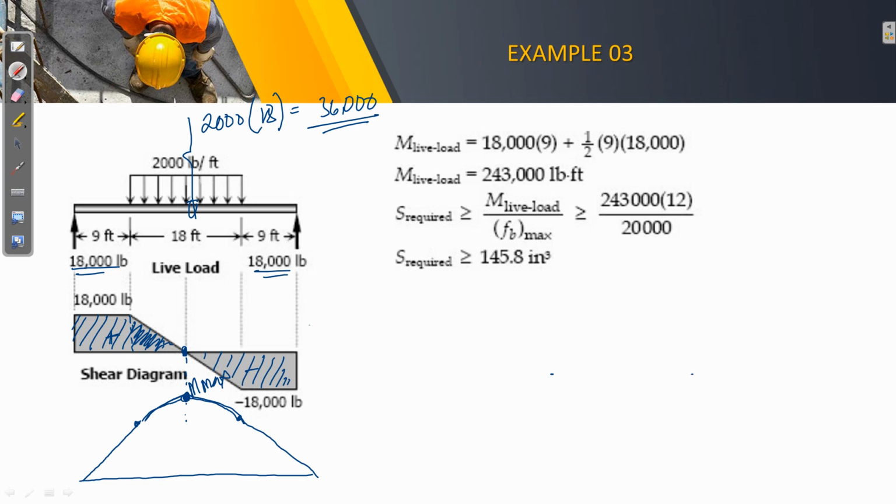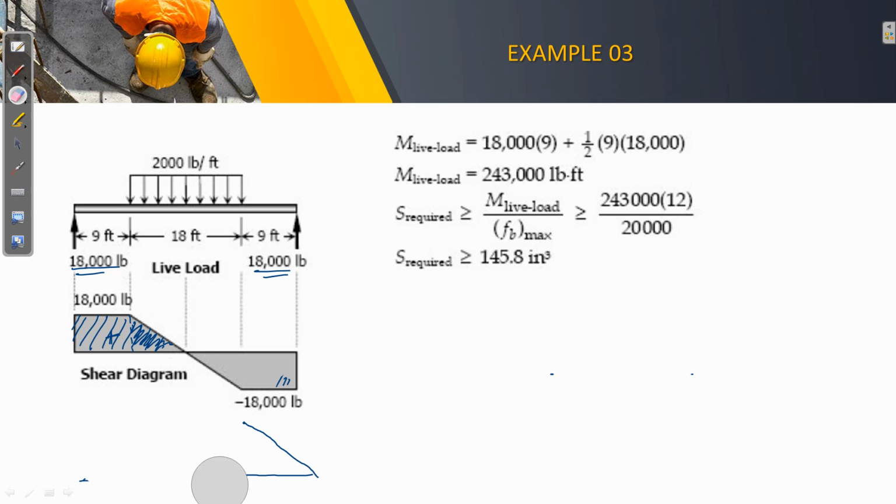So we get an S required of 145.8 cubic inches. So we should look on a table wherein the section should have a section modulus greater than this one, 145.8.